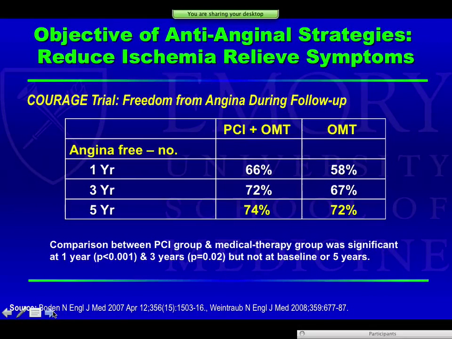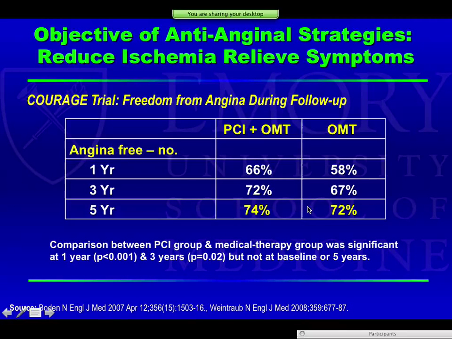We all know that through 3 years, there was a demonstrable benefit in terms of patients becoming angina-free, whereas by 5 years of follow-up, the benefit in the revascularization arm equilibrated, such that there was an equivalent amount of angina-free status in both patient populations, those randomized to revascularization as compared to medical therapy.